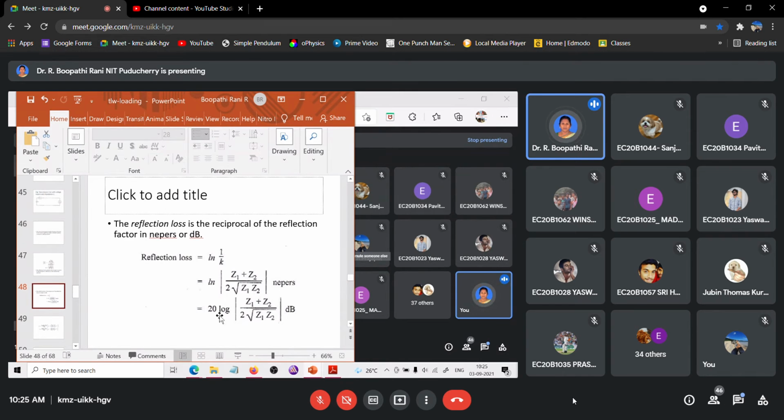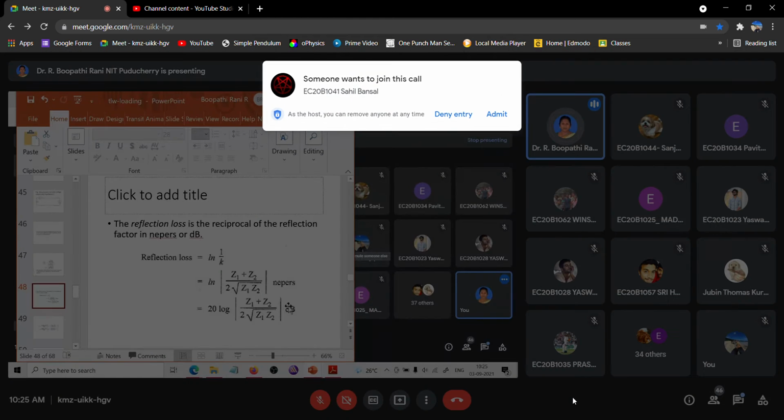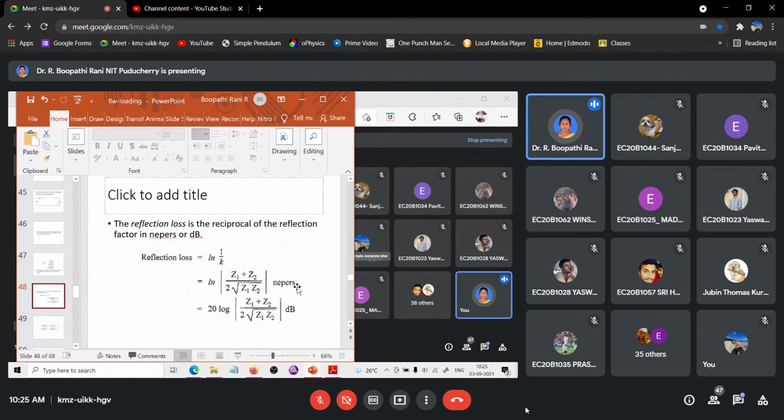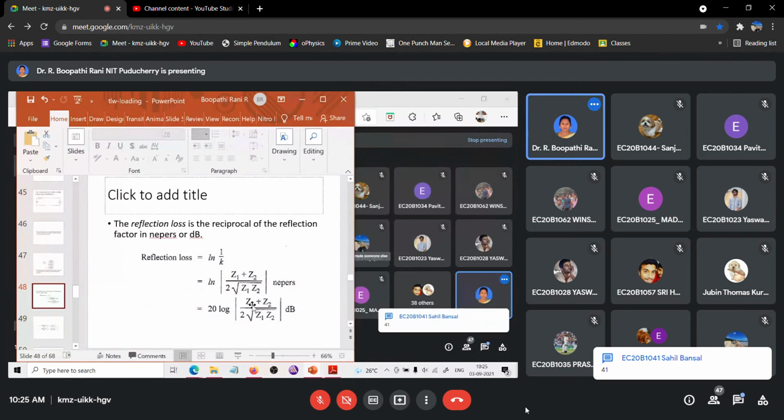If we take 20 log, we get dB. So for 1 upon k, if we take natural log, we get the reflection loss in nepers, and if we take 20 log, we get the reflection loss in dB.